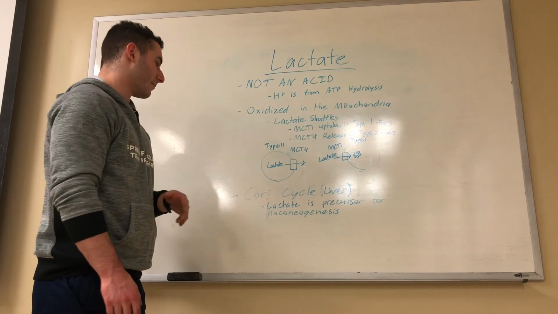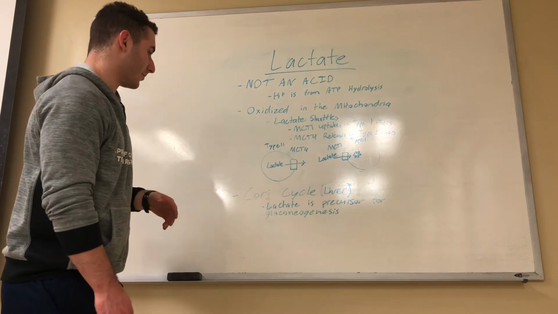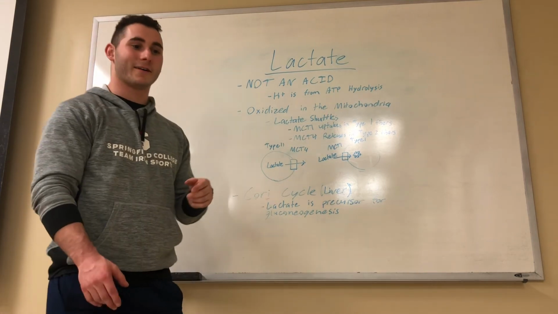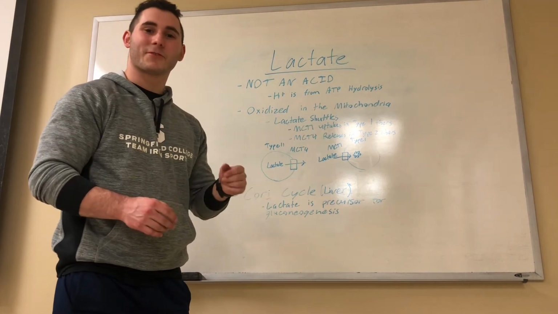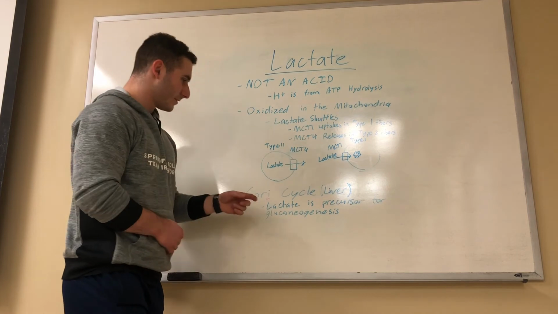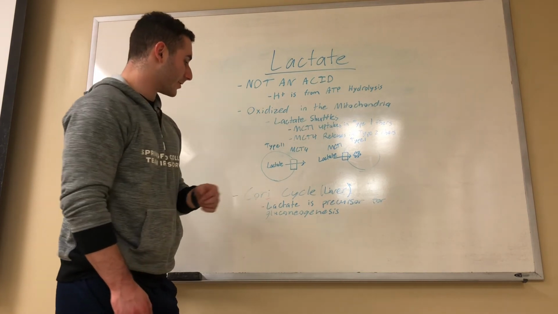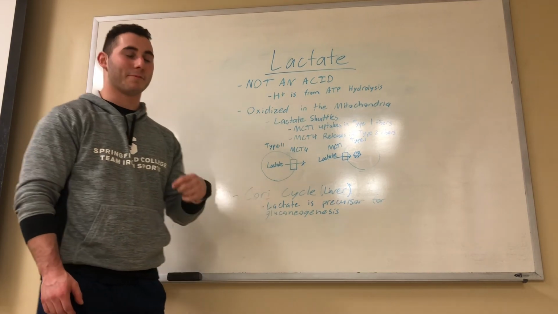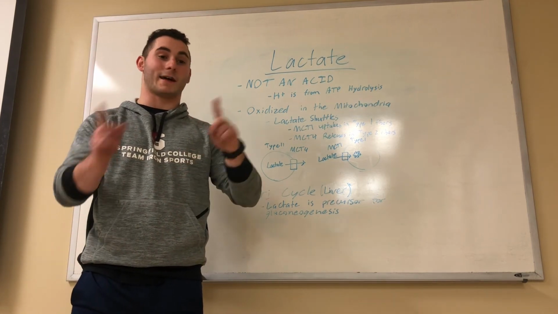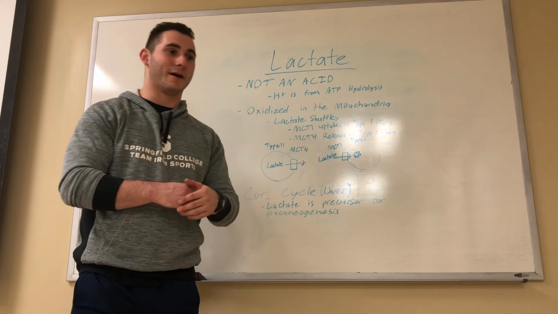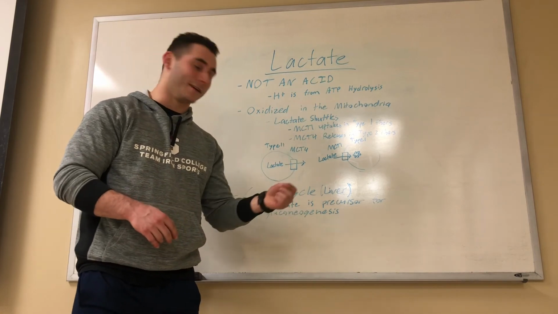And then another great thing about lactate is the Cori cycle, which is found in your liver. If you just thought that it was for detoxification, your liver is a little bit more cool than that. Lactate is a precursor for gluconeogenesis, and gluconeogenesis is the making of new glucose, back to that discussion earlier in the video about the suffix genesis, making.